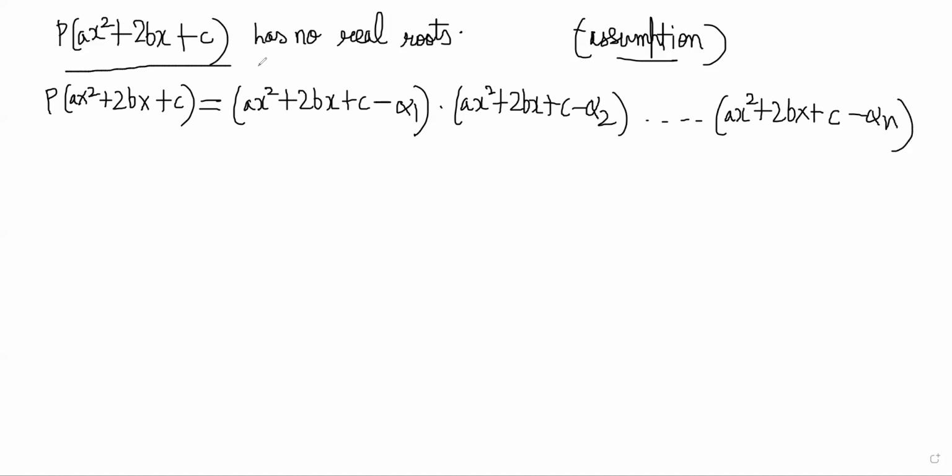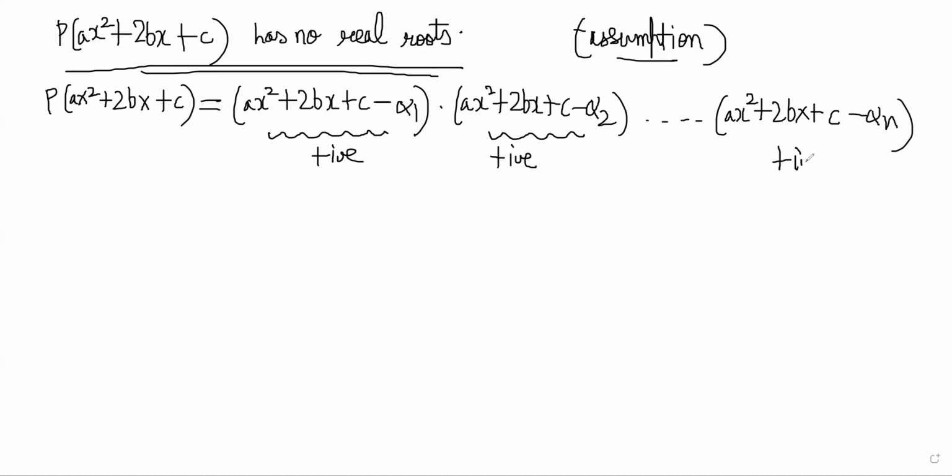So if it has no real roots, then the value of this expression will be greater than 0 because a was positive, it's an upward facing parabola. So therefore, each of these expressions must be positive because the overall thing is greater than 0, right?